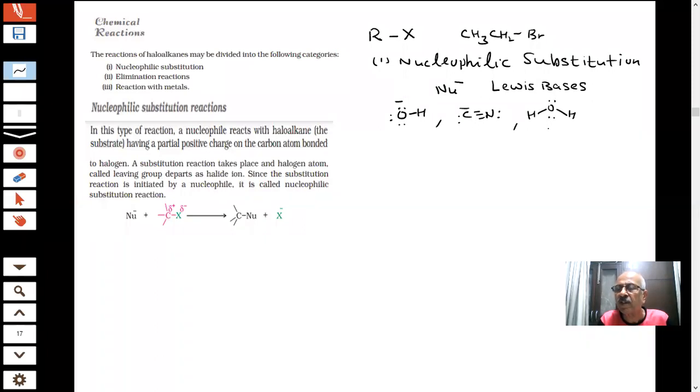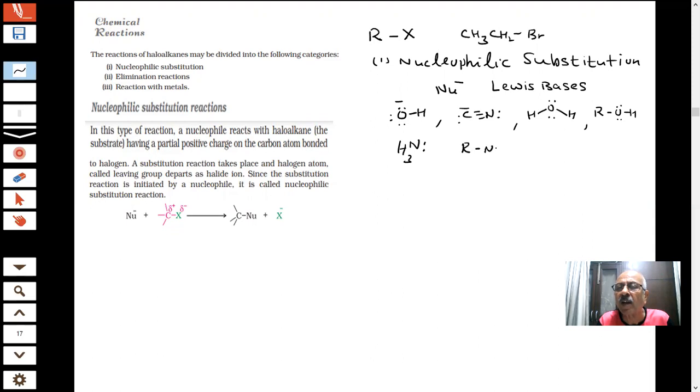You have drawn the Lewis structure, students, yes or no? We have done Lewis structures in which we showed you these have lone pairs of electrons. If you take alcohols, oxygen has got lone pair of electrons. If I write NH3, there is a lone pair of electrons.